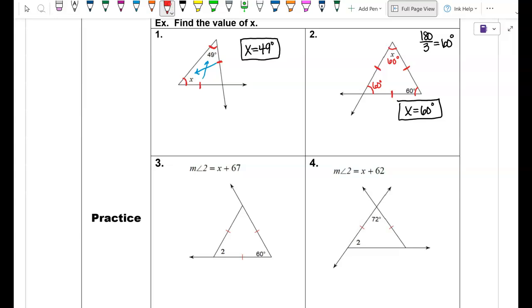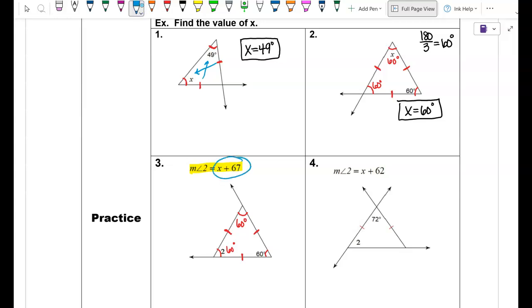So in number 3, based on these markings, do I have an isosceles or an equilateral triangle? Equilateral. All three sides are marked, so I know if all three sides are congruent, I also know that all three angles are congruent. And in the case of all three angles being congruent, I know that that means that all three angles have to equal 60 degrees. Now they told me the measure of angle 2 is x plus 67.